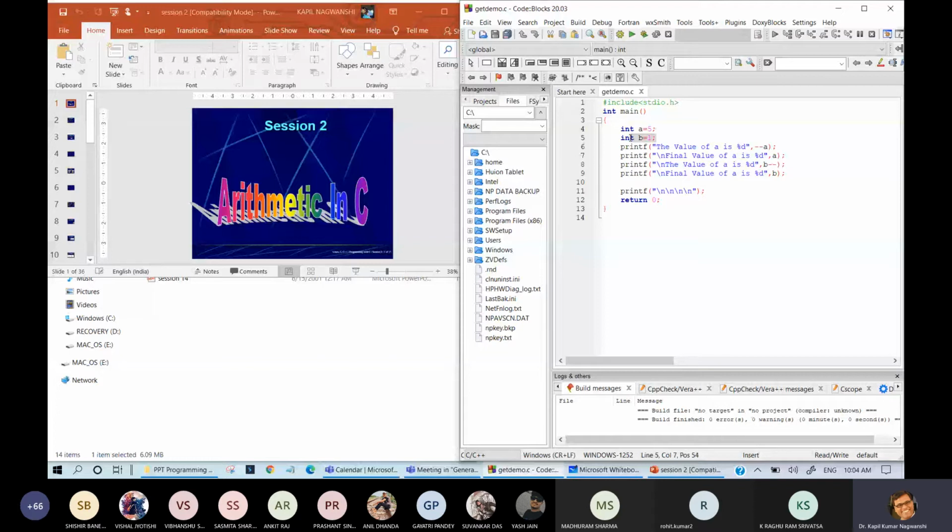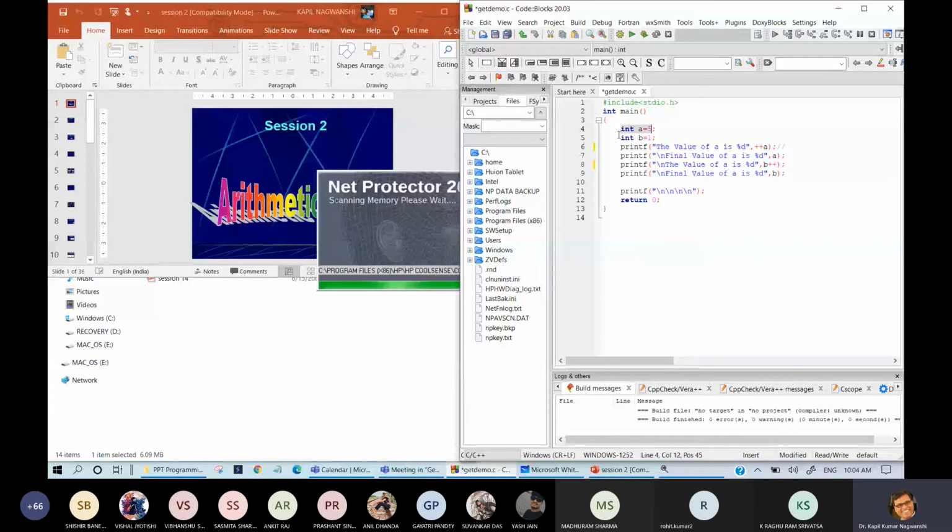Let me write the increment operator first: plus plus A and B plus plus. In this particular line, it will increment first, then print later. And here in this case, it will print first because B is coming first, and then it will perform the operation. And here also it will give you the updated value. So let us see, if the initial value of A is 5 and the initial value of B is 1, then what will be the answer?